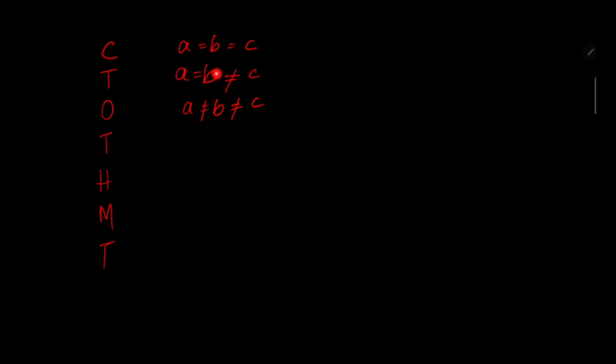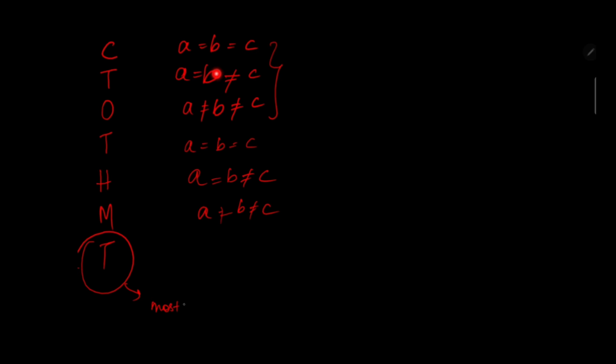Okay, so just repeat these 3 to the next 3. A equal to B equal to C, A equal to B but not equal to C, A not equal to B, not equal to C. For triclinic, this is the most unsymmetrical system.